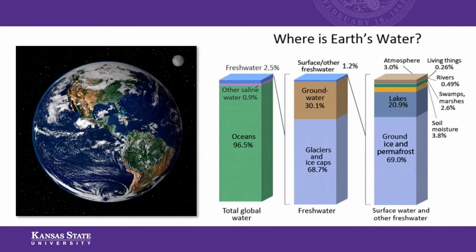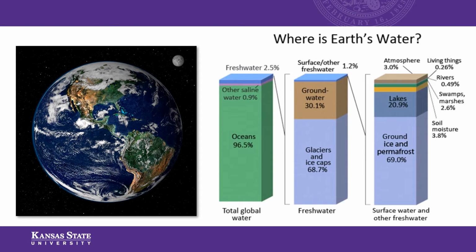So if you were to look at Earth from space, you would probably be surprised that we are in a situation of water stress in much of the world. Most of the Earth is covered by water, but most of that water is in our oceans.